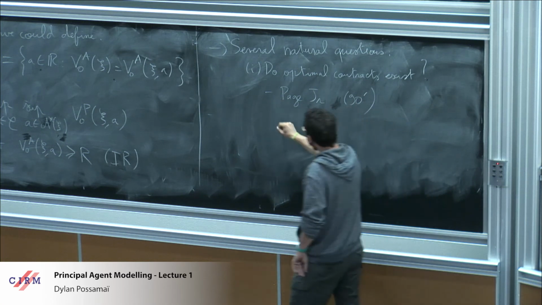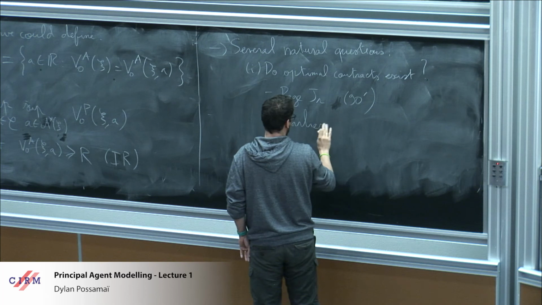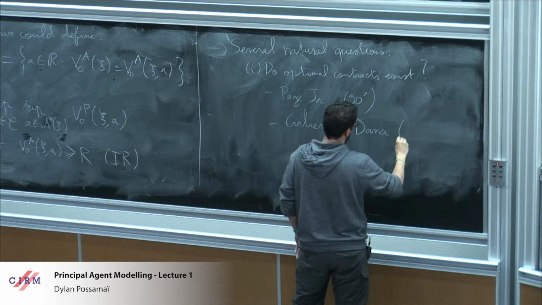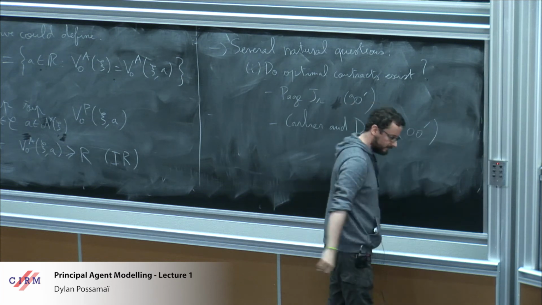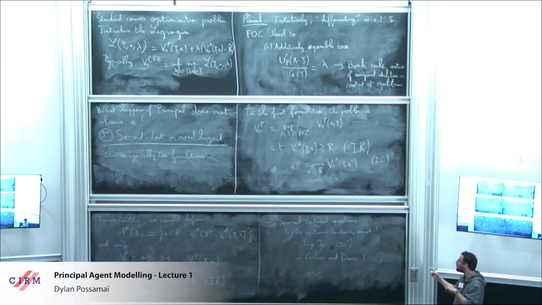Now there is one paper by Carlier and Dana, that one is in the 2000s, I think. Guillaume Carlier has several results in that area. Most of them are related to another of those problems, which is called the adverse selection problem, where the asymmetry of information doesn't come from the fact that the principal doesn't see the efforts of the agent.